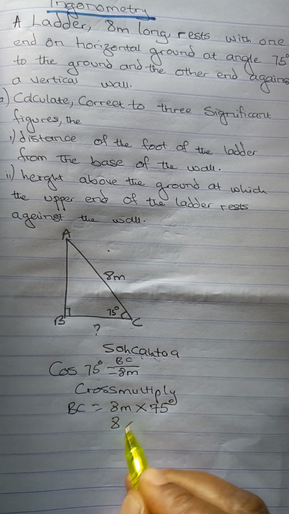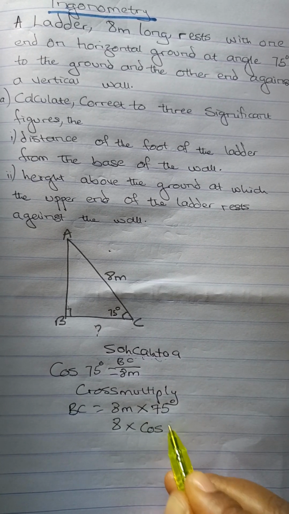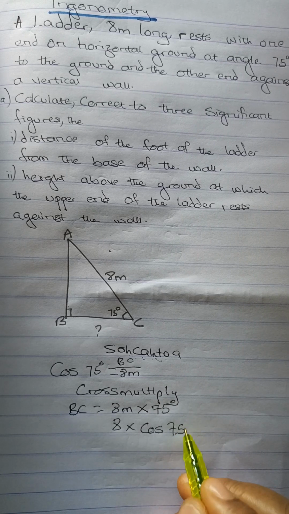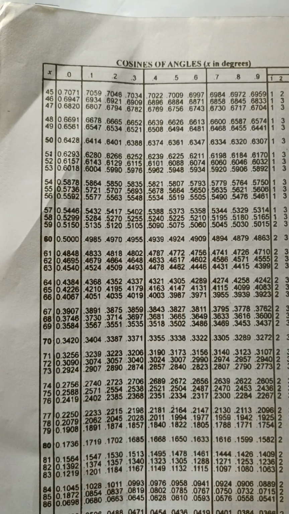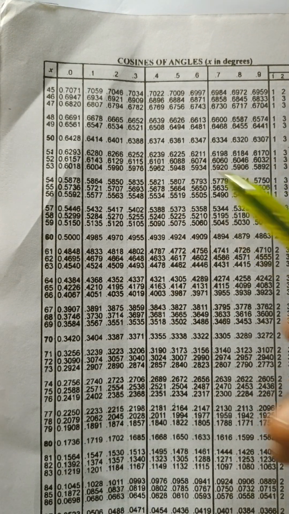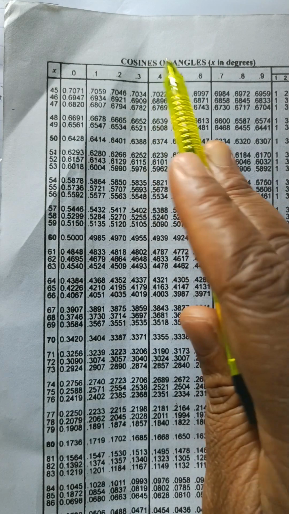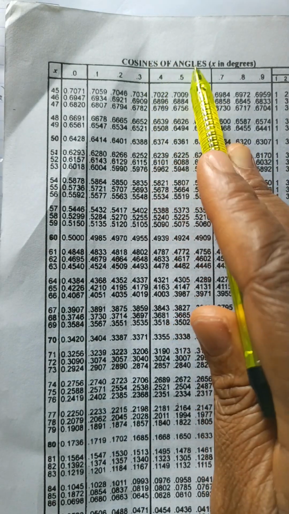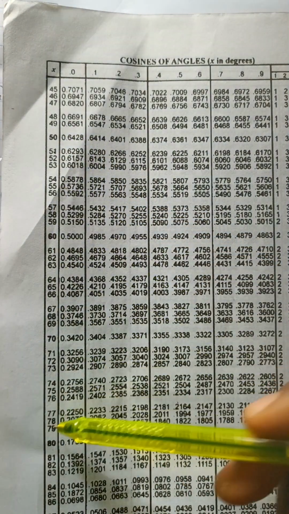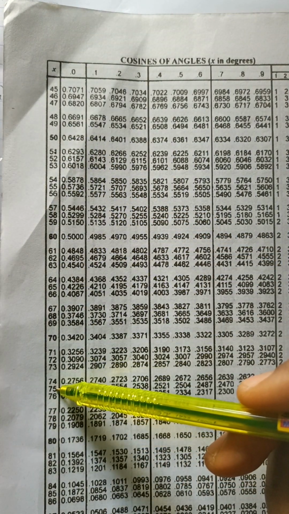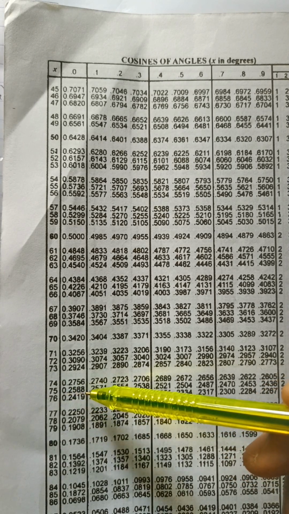I will show us how to get cos 75. This is my logbook, and this is the cosine of angles. We're looking for cosine of angle 75. So how do we get it? Trace it down to your 75, and the first number is 0.2588.